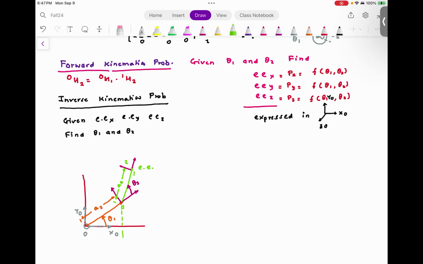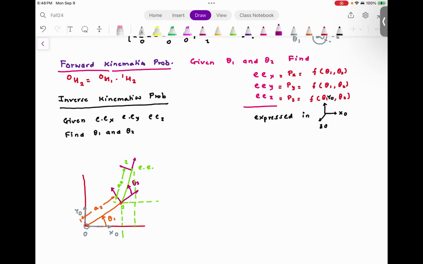how far is this end effector from my zeroth frame along x0. Once again, I'm trying to solve this problem. How far is my end effector with respect to the 0th frame along x0? And now you can answer this question very easily. Can you see that?